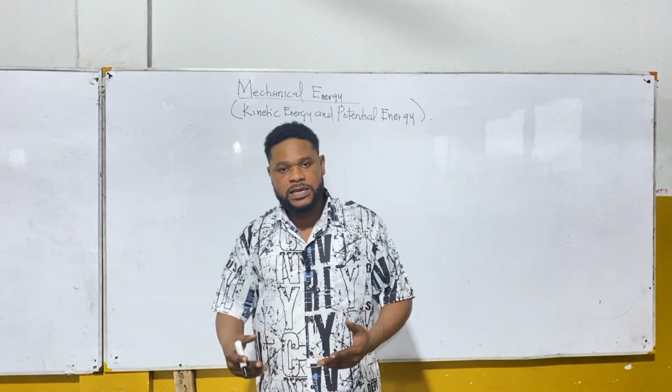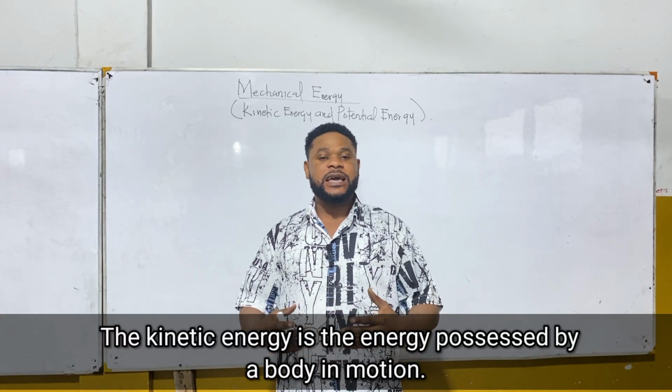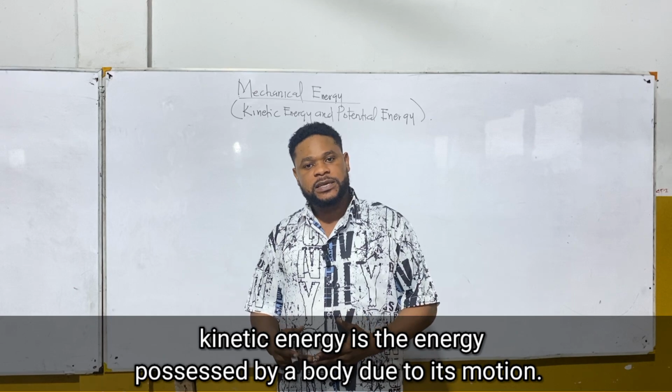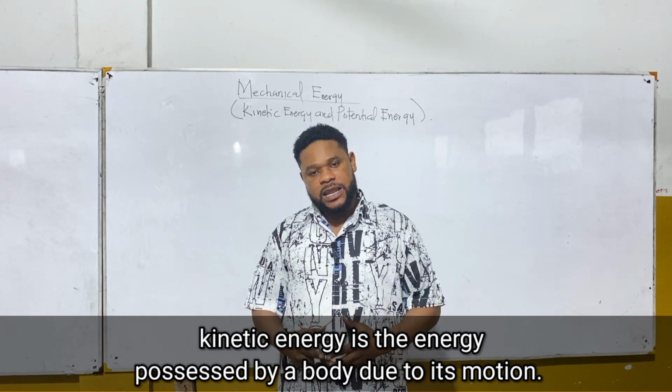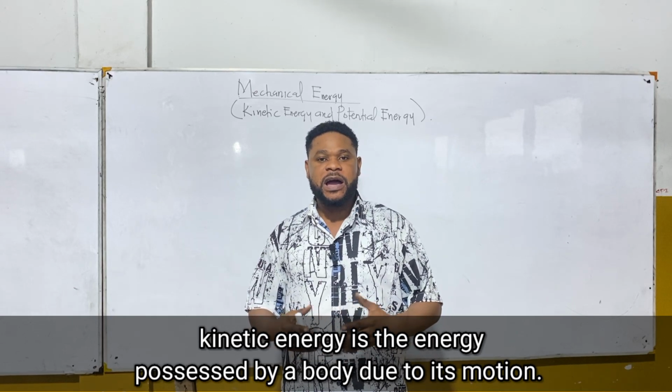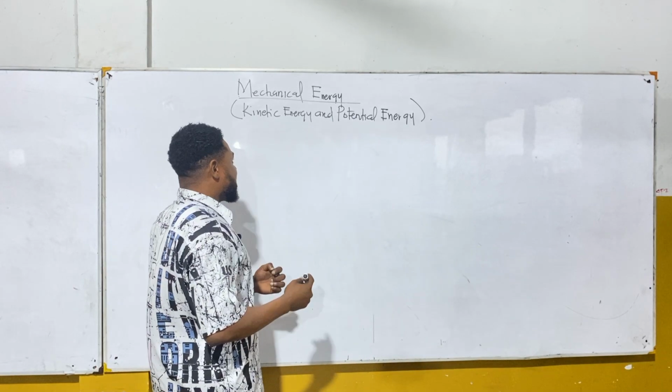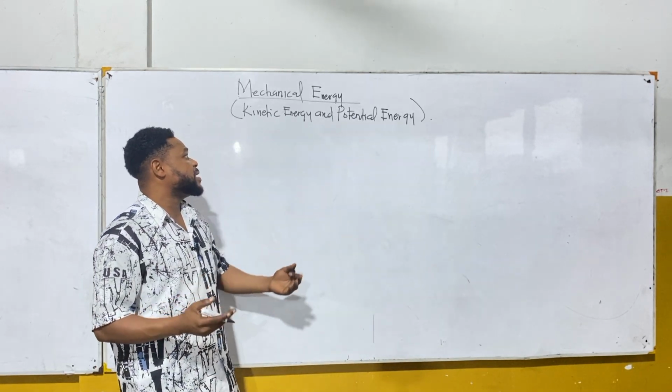Now, when we say kinetic energy, we say kinetic energy is the energy possessed by a body in motion. Or we can say that kinetic energy is the energy possessed by a body by virtue of its motion. Kinetic energy is measured in joules.